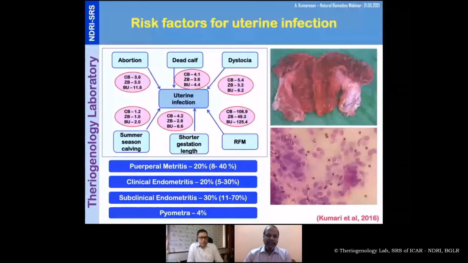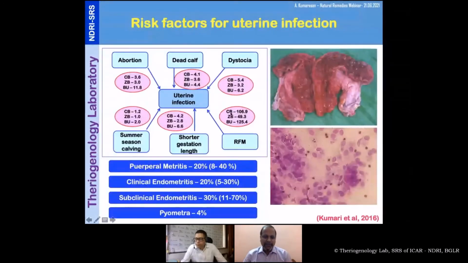These are the things that we studied at NDRI Karnal, where I used thousands of animals. I want to highlight only one point. There are many factors that contribute to the development of uterine infection in the latter part, but one very important thing is retention of fetal membrane. The number which I have given here is the odds ratio.